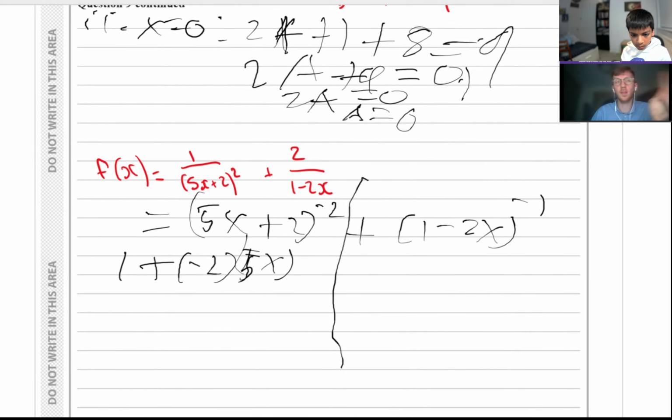It works if it's x plus c to the power of an actual number, the binomial theorem you learned in AS in year 12. But for the A2 stuff, with negative and fractional indices, we can only use the binomial expansion when it's 1 plus ax or 1 plus nx.